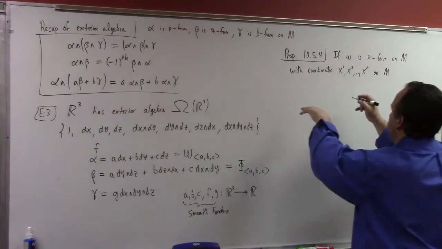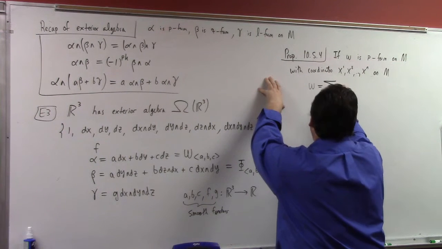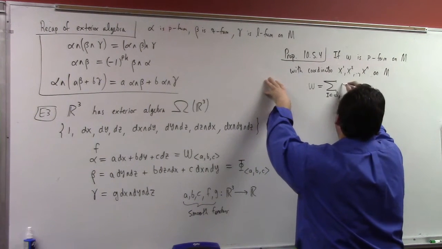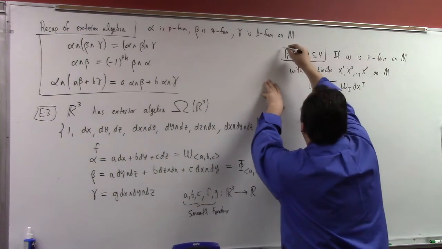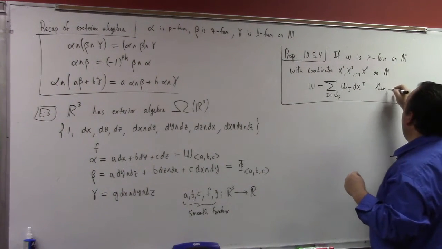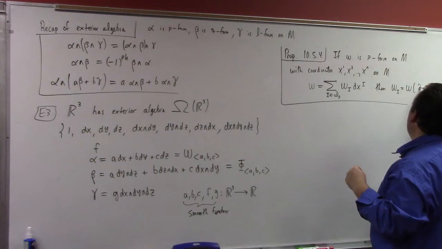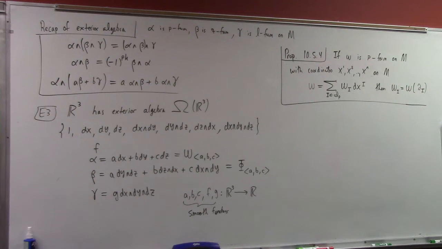Now omega being a p-form means that omega can be written, briefly, as the sum over I, an element of the increasing indices of length p, of omega I dx I, right? Basically omega I is equal to omega of partial I. That's very schematically what the proposition is claiming. Okay, let me bring it to life in the proof. All right, let me not be vague.